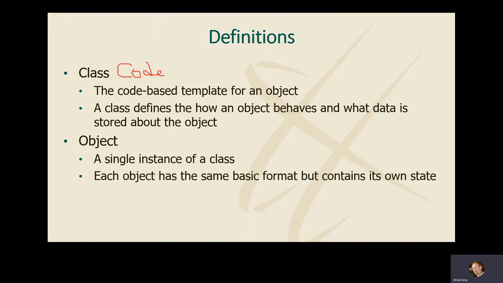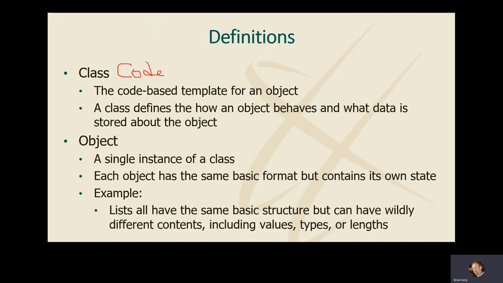The object is the same format as the class, but it contains its own state. And if you want to think about it this way, the object is the operational version of a class, and the instance is a single copy of that operational object.